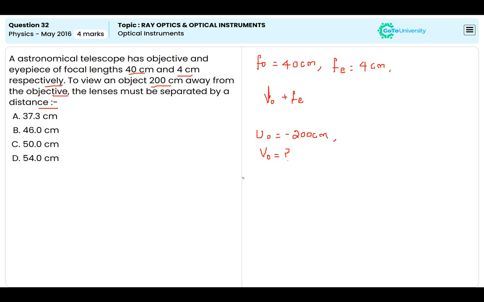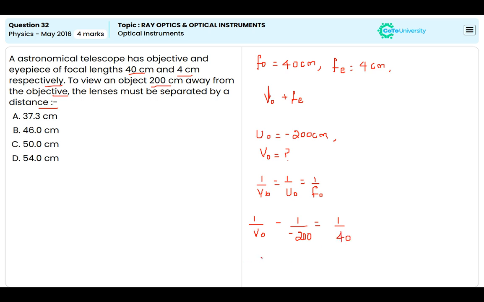Then using the lens formula, 1 by v naught minus 1 by u naught is equal to 1 by f naught. Or we can write it as 1 by v naught minus 1 by minus 200 is equal to 1 by 40.